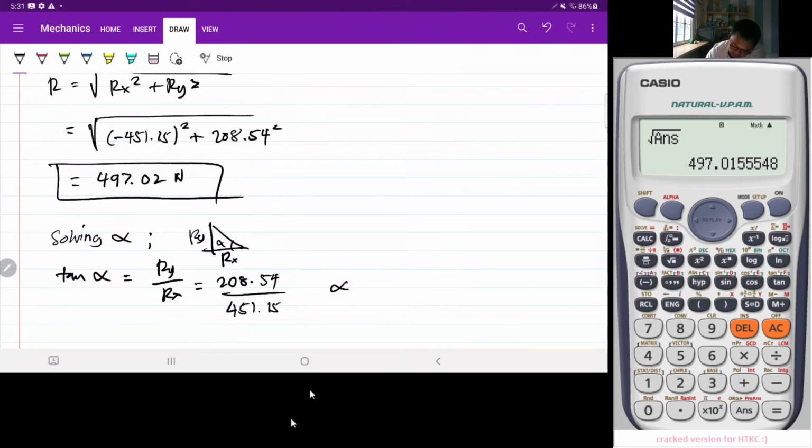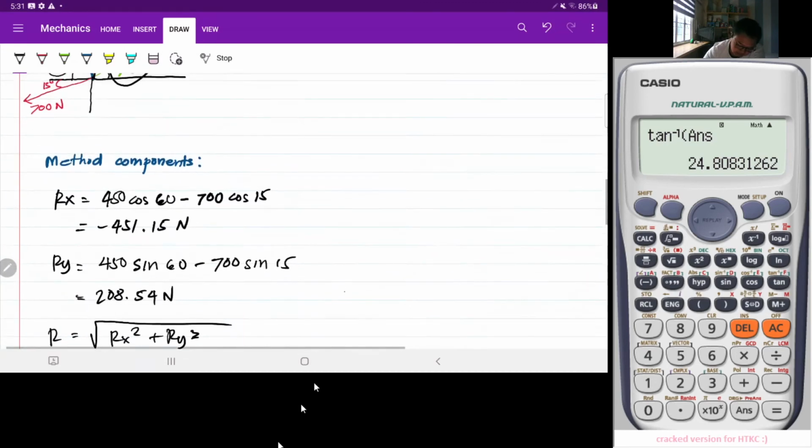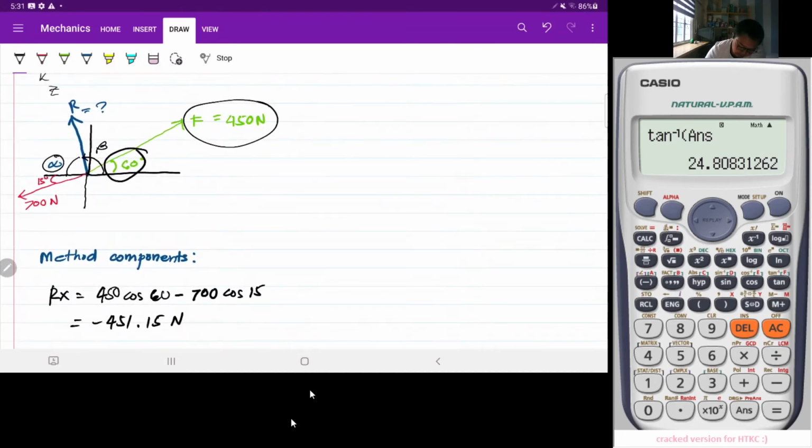So alpha is equal to, so let's solve, 208.54 divided by 415.15. Okay, shift tangent. So the answer is 24.81. Okay, so this is now 24.81, this alpha.